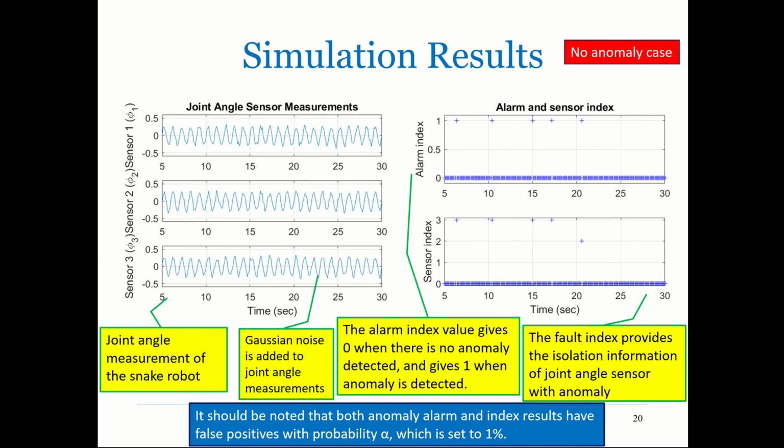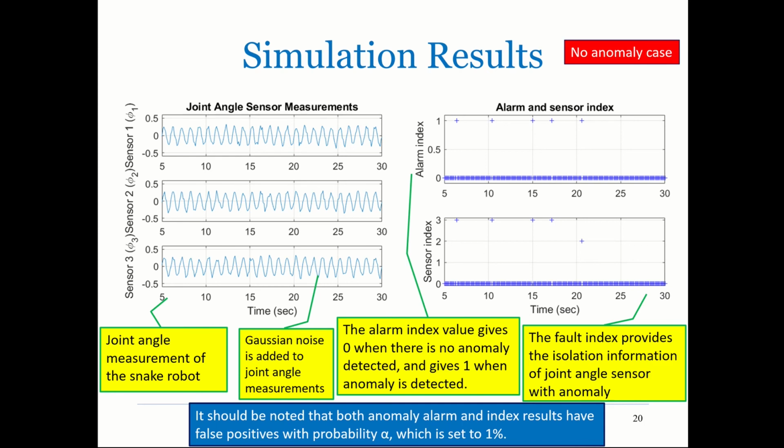As you can see, these are the simulation results from no anomaly. On the left half you can see phi1 through phi3 where there's Gaussian noise. And then you can see on the right there's an alarm index and a sensor index. The alarm index indicates if there is or is not an anomaly. 0 is that there is not an anomaly, 1 is that there is an anomaly.